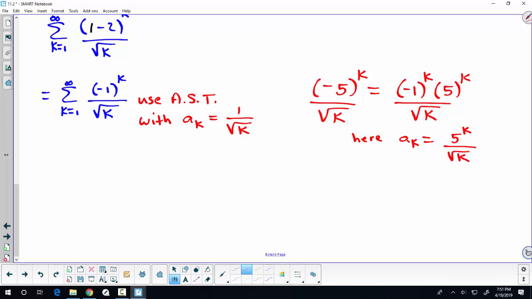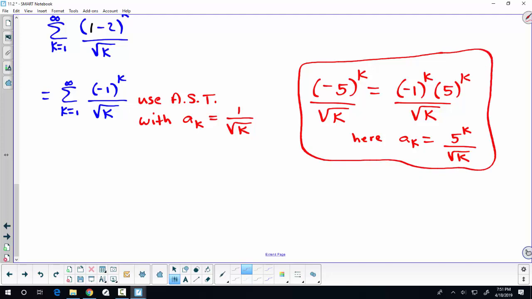In which case this thing would diverge, but just to see a different example. So test that. First condition was that the next term had to be less than or equal to the previous.